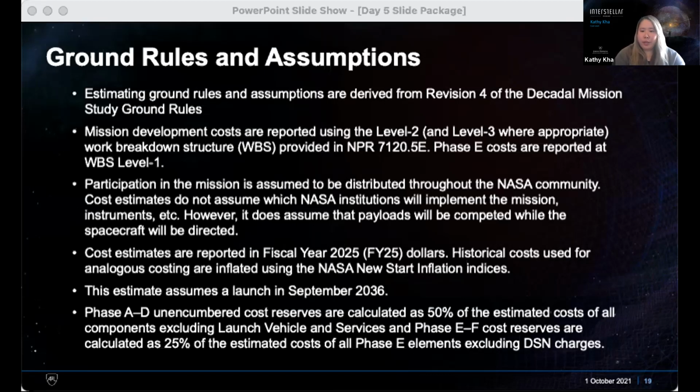In terms of reserves, we have 50% on phases A to D, excluding the launch vehicle and launch services. And for phases E and F, we have 25% reserves. And those come from decadal mission studies, but we also did analysis on our own to see if that would be adequate, which you'll see later on in the cost risk slides, that those reserve levels were deemed adequate.